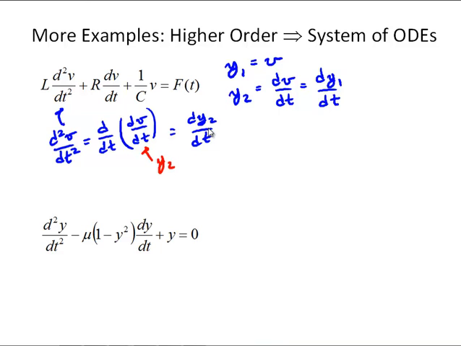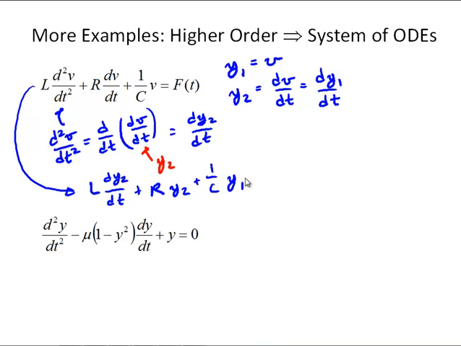So we can rewrite the equation then as L times dy2/dt plus R, and now dv/dt is just y2, plus 1 over C times y1, which is v, is equal to f of t.